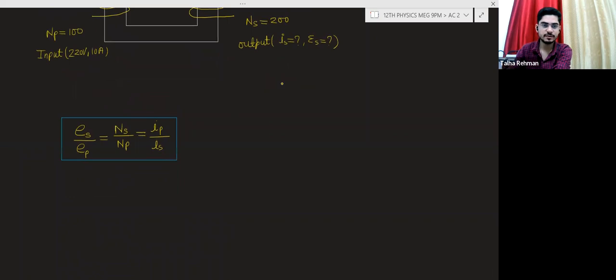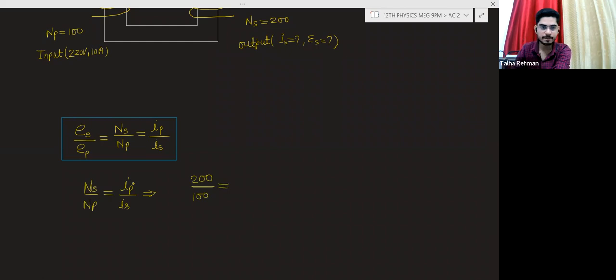So I will use this relation, that is NS by NP is equal to IP by IS. Number of turns in the secondary coil is 200. Number of turns in the primary coil is 100.